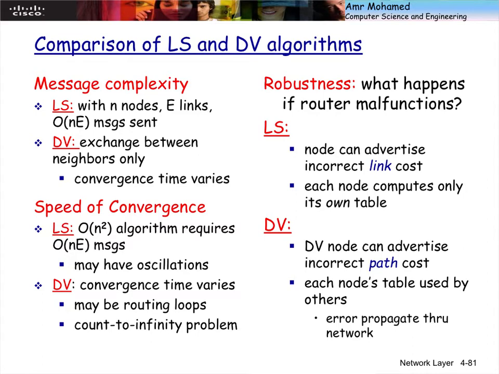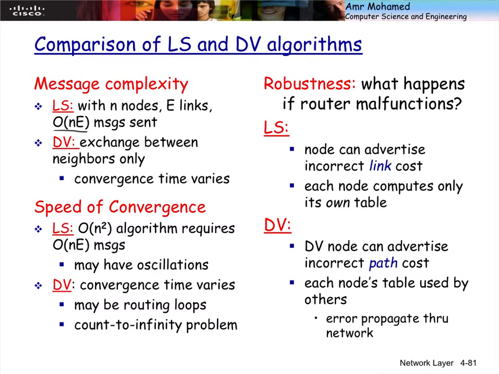So in the case of link state, we need to report the state of every link in the network to every node in the network, right? Okay, so it's basically O of n times E, where n is the number of nodes and E is the number of edges. Edges are the links, and n is the nodes.